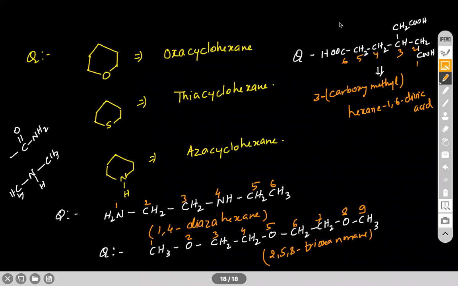Did you get it? It's not methylidene. Methylidene is when CH2 is attached with a double bond. It's not a double bond. It's a single bond, CH2COOH. It means it is a substituent there, and COOH is another substituent of that carbon atom.